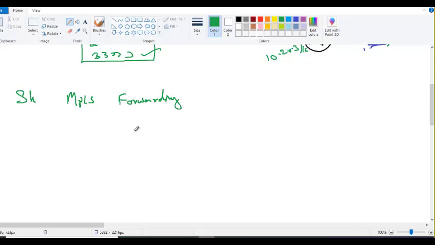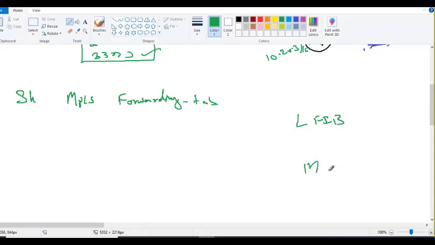Show MPLS forwarding table. This is the forwarding table of MPLS. It can also be called the label forwarding information base.